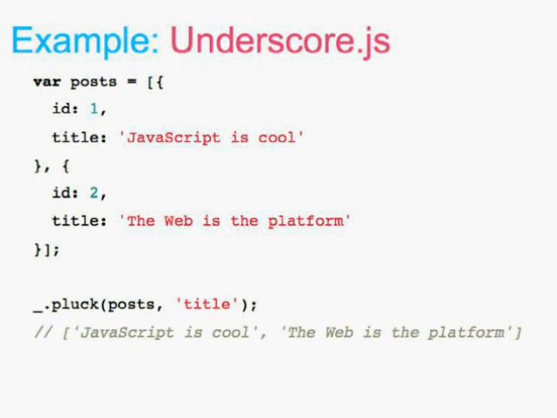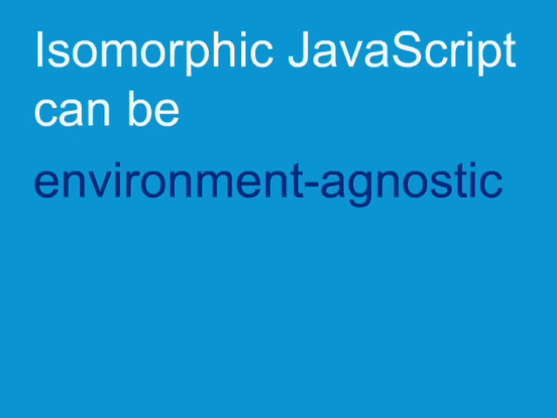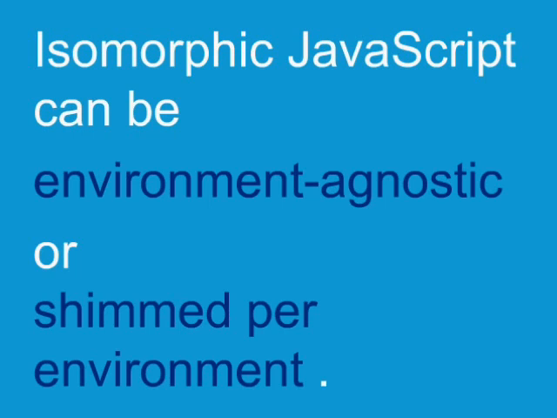But the way I see it, isomorphic JavaScript can be broken down into two categories. It could either be environment-agnostic, like the underscore example we just saw, meaning it doesn't depend on any particular environment. So it doesn't reference anything specific to a browser or a server. Or it can be shimmed per environment. There are some JavaScript libraries which provide shims, which provide different implementations for different environments.